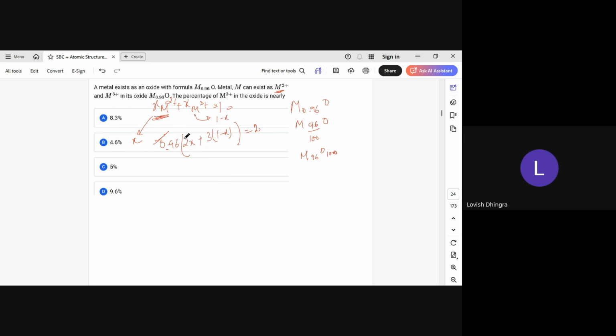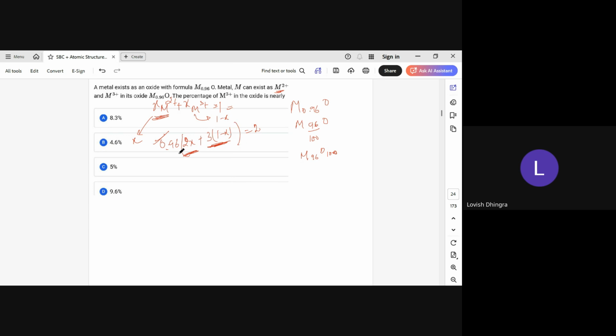For M2+, 2 is the oxidation number, so 2 into its mole fraction is 2x. And this one is the mole fraction of M3+: 3 is the charge on M3+, and 1 minus x is its mole fraction.